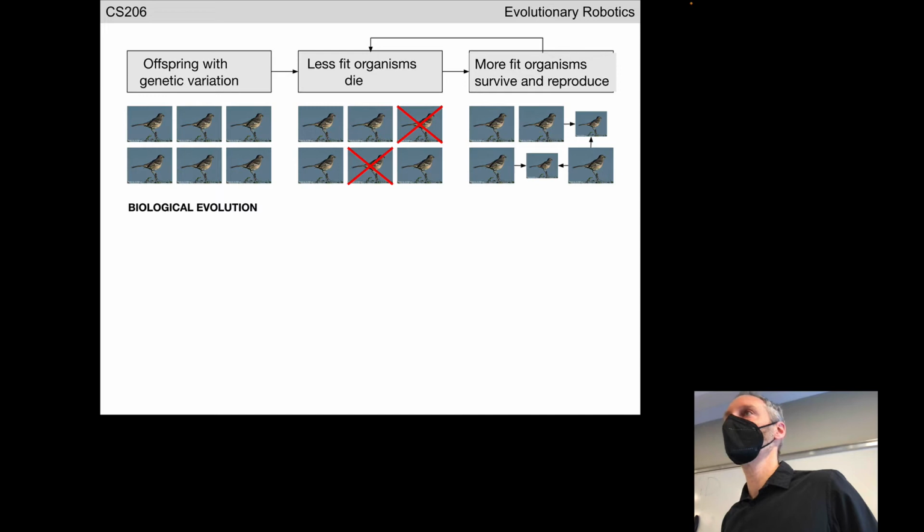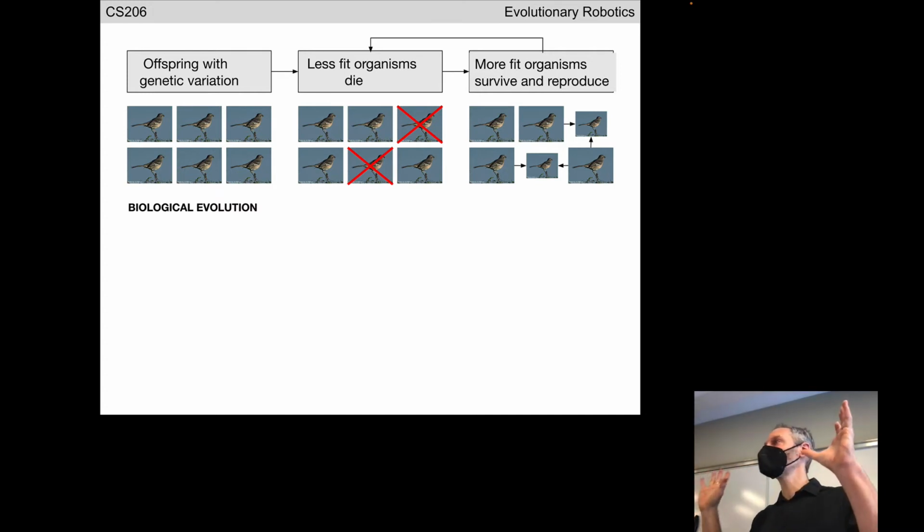Why? Because if you look at nature, you can view Darwinian selection, Darwinian evolution, as a kind of algorithm. At any given point in time, there is a population of conspecifics, organisms that belong to the same species. Those organisms have different phenotypes. Phenotype means the shape of the organism, how it's built, and what it does.